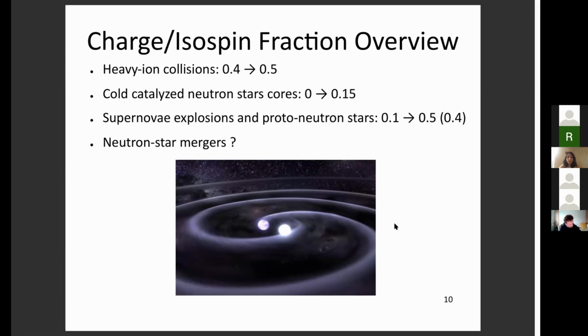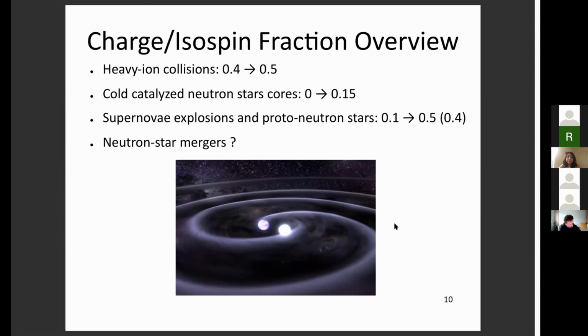So above 0.5, I would say, above 0.4, I would say. In cold catalyzed neutron stars, if you had just neutrons, you have a charge fraction of 0, but you can also form pairs of protons and electrons, increasing the center of neutron stars' charge fraction to about 0.15. Of course, this is a bit model dependent.